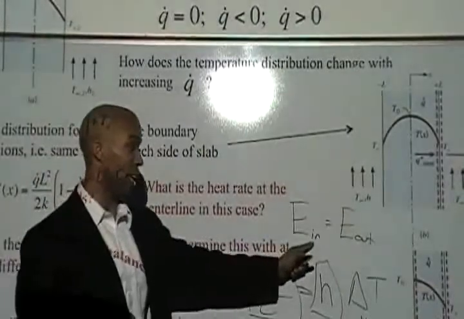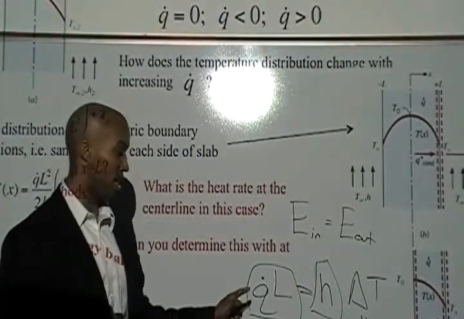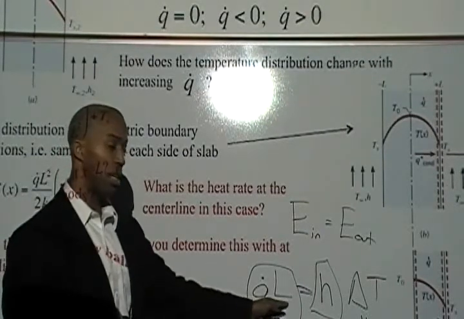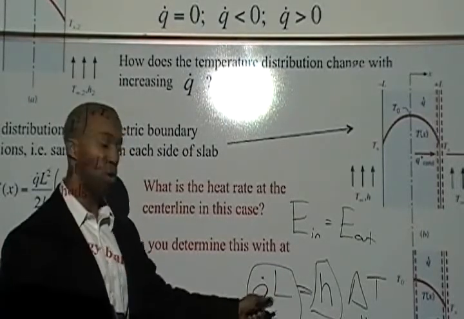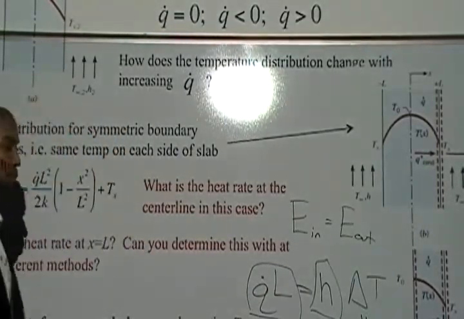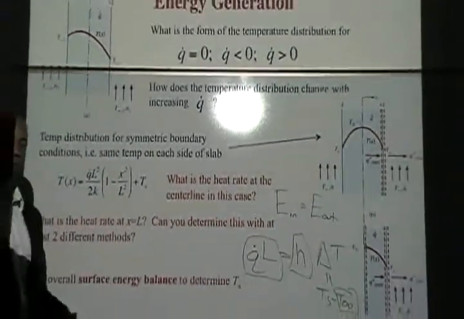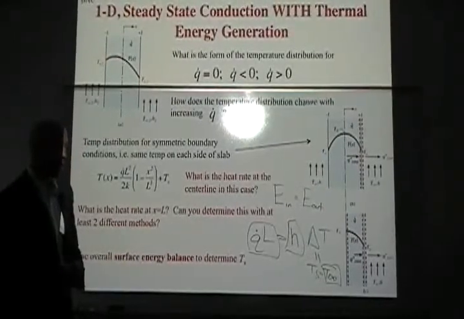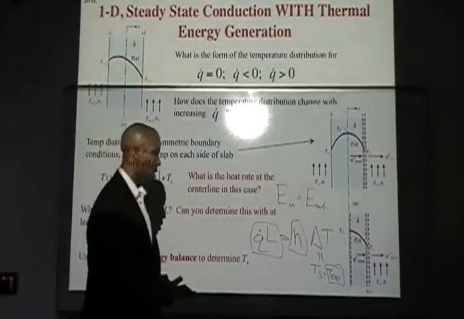And in this case, the energy into that surface is the same as the generated energy times the distance over which that energy is generated, the q dot L. So in both cases, when we looked for what the heat flux or heat rate is leaving the wall, and when we look for the temperature of the surface, we apply surface energy balances to get our solution.